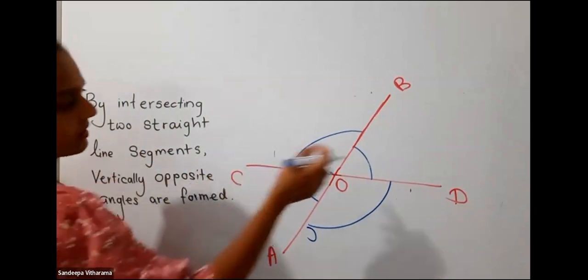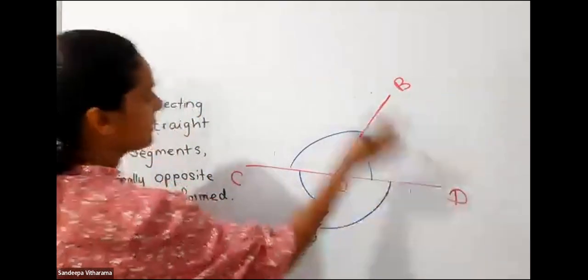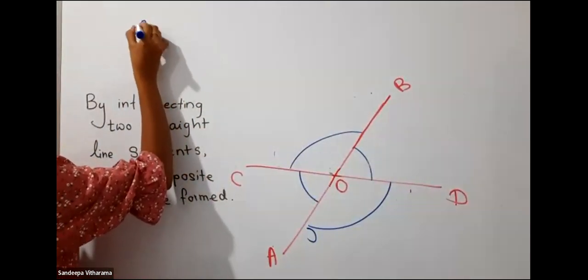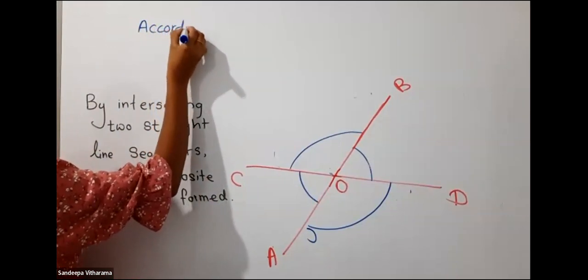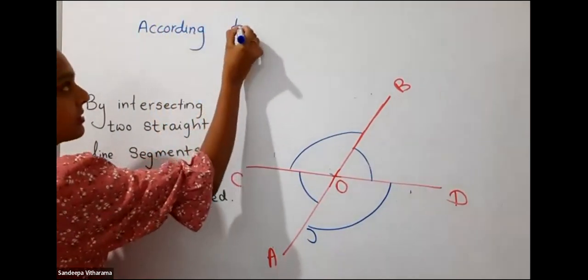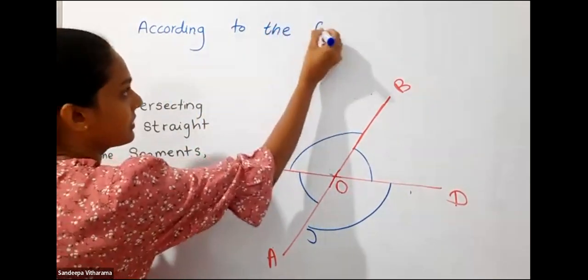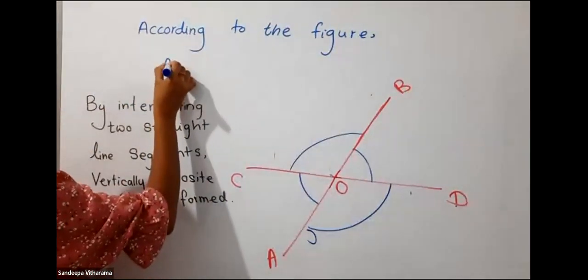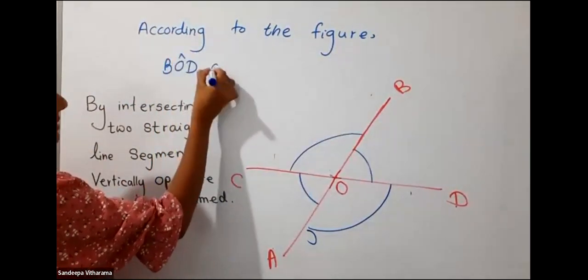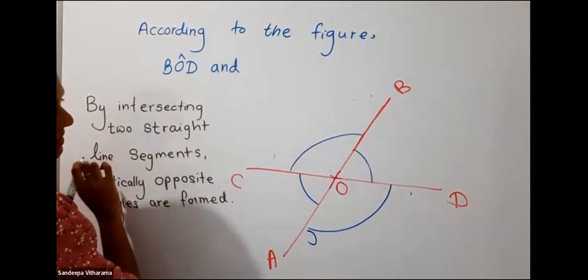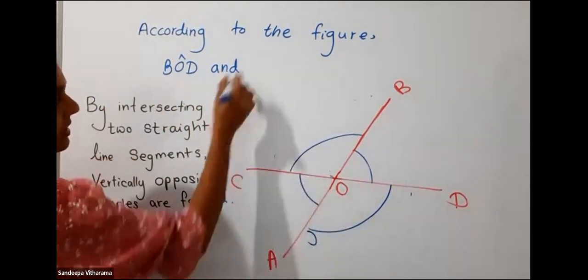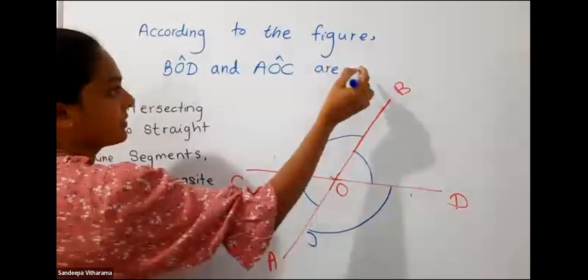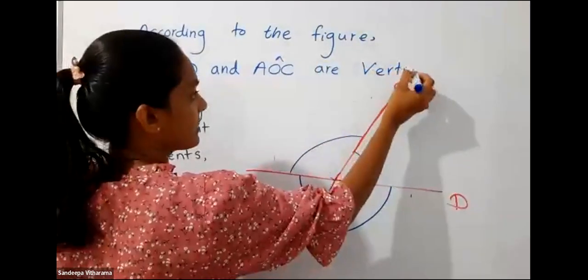Then look at angle BOD. According to the figure, you can say angle BOD and angle AOC are vertically opposite angles.